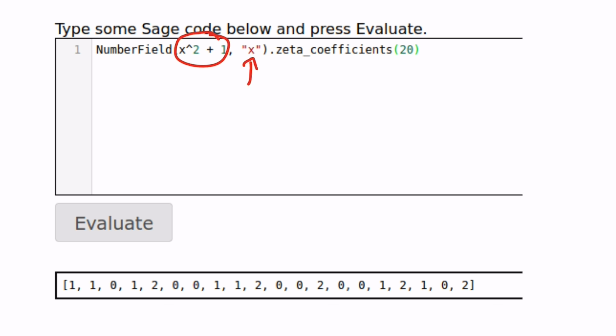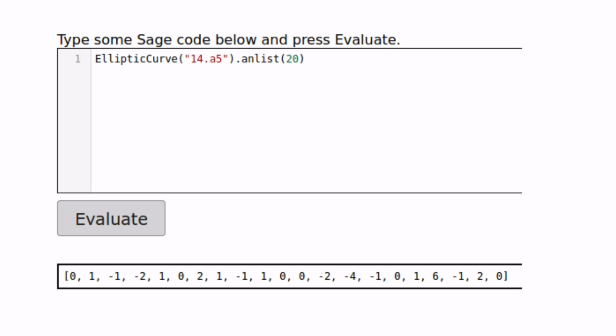This specific equation defines something called a number field, and we're asking for the first 20 L function coefficients of this number field. For the second equation, you can use this code. Here, we don't see the actual equation.